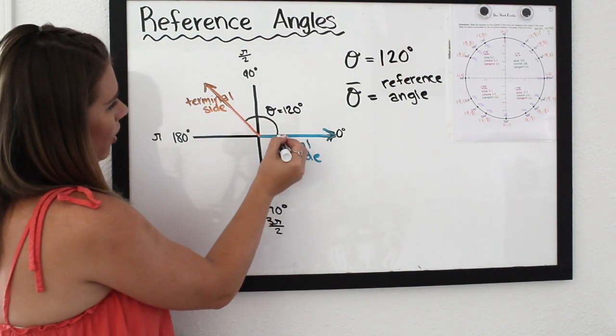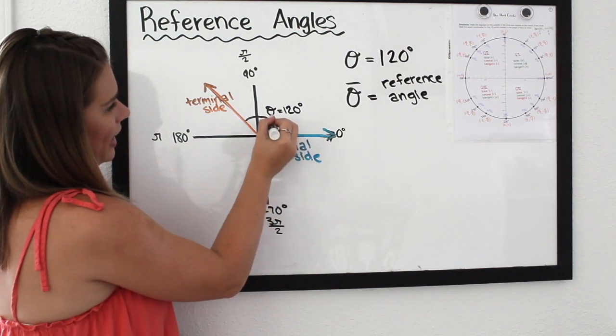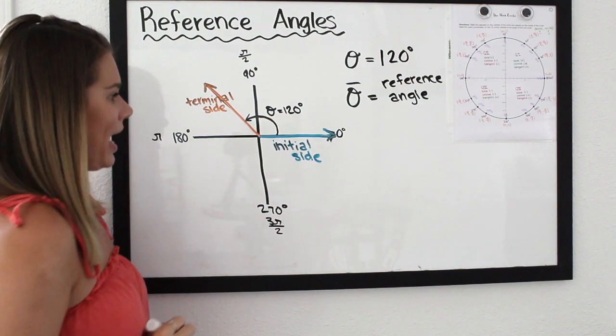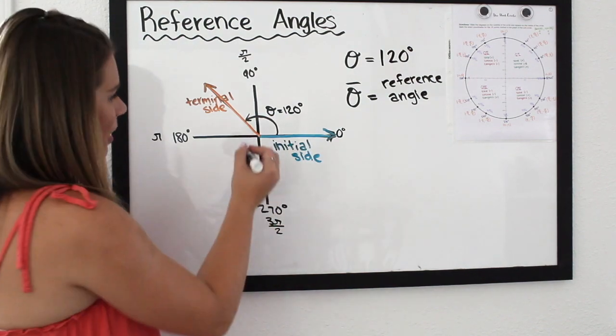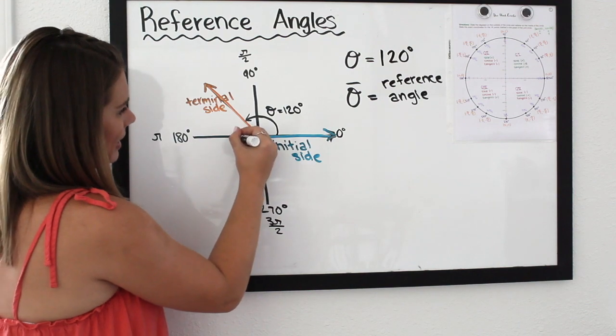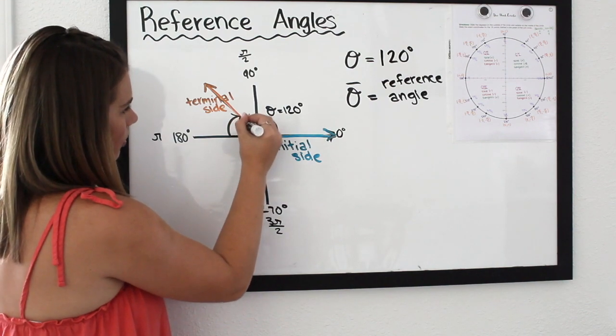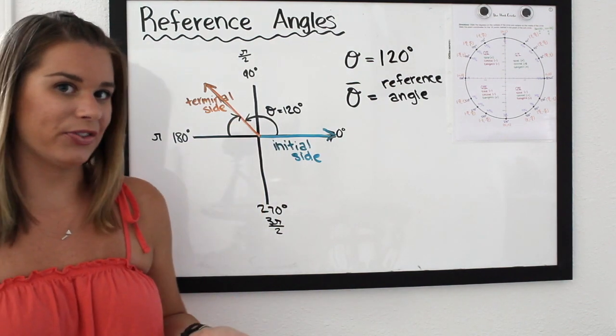So it's a long way for me to go from this initial side all the way to that terminal side. If instead I went from the negative x-axis up to my terminal side, I don't have to go as far.